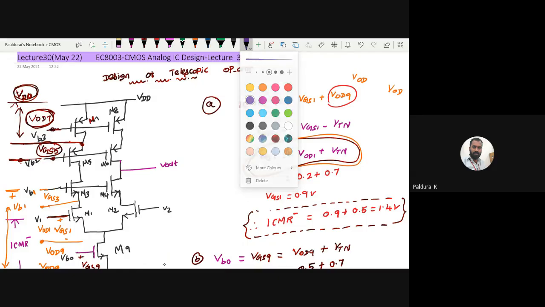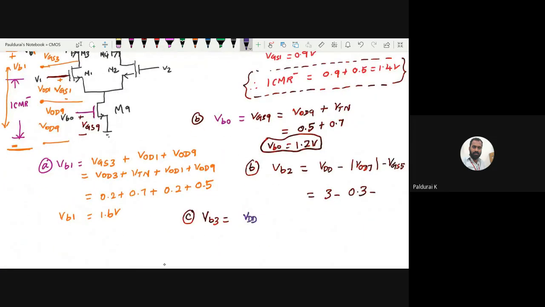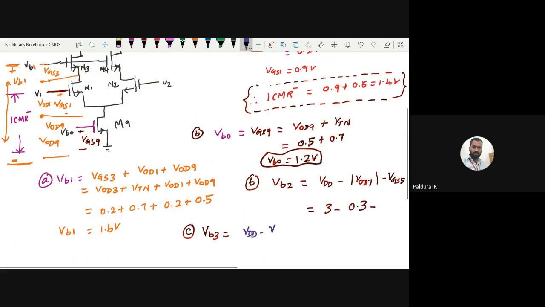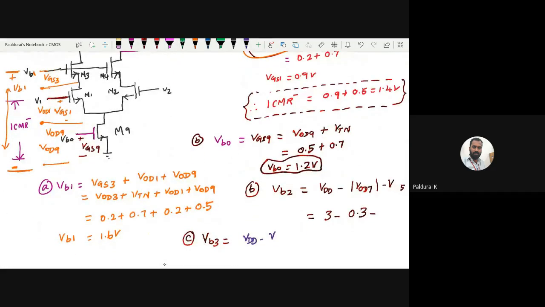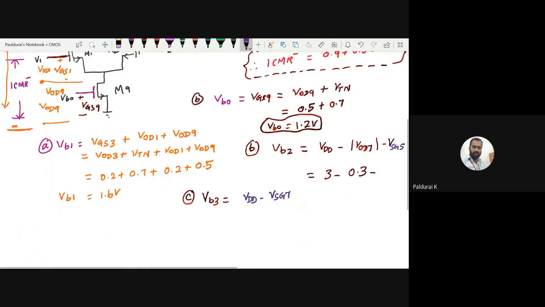This is my VB3. Here the applied voltage is VDD, here the drop is VSG7, so it is VDD minus VSG7. What transistor is this? PMOS. So for a PMOS, how should we write it? We should write SG, SG of 5. So here SG of 7. So it is not VGS, it is SG, source to gate. So here also it is VSG5.